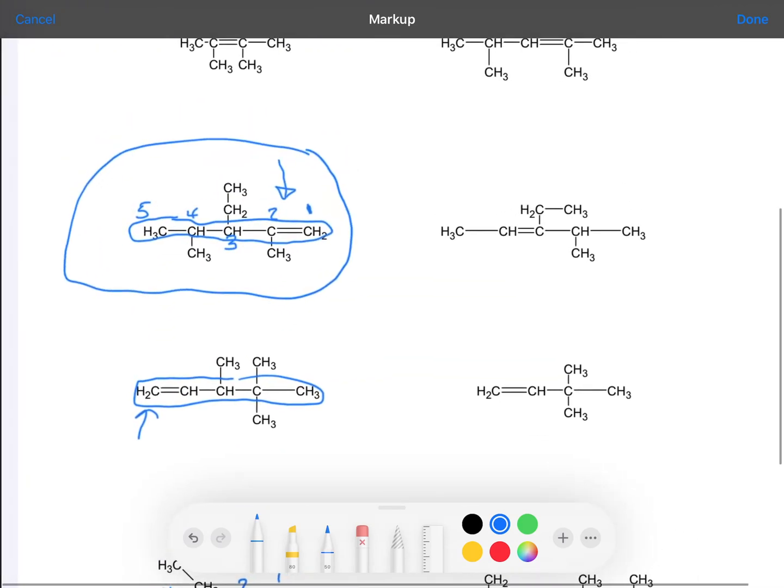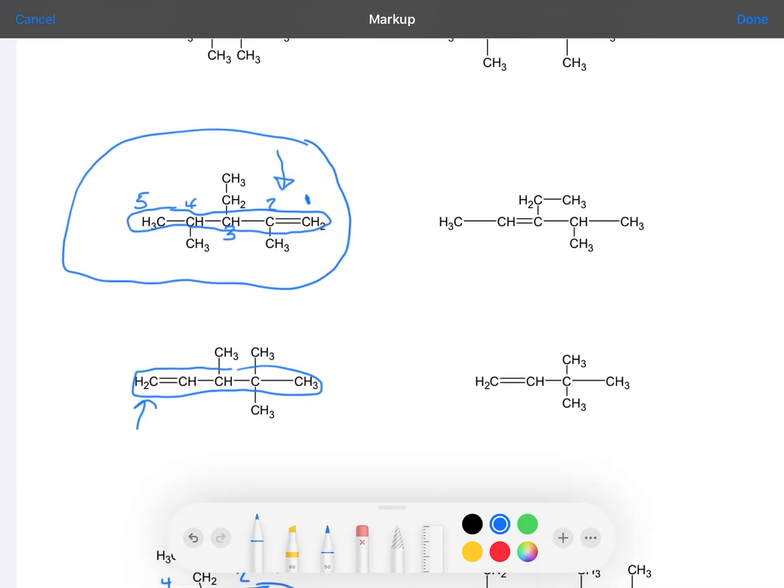So we'll look at the ones that we have so far here, and we'll identify the groups that are attached. So I have a group here, a branch here, and a branch here with 1 carbon. This is a methyl, this is a methyl, and this is an ethyl. When we are starting to name this, we start with the branches first.